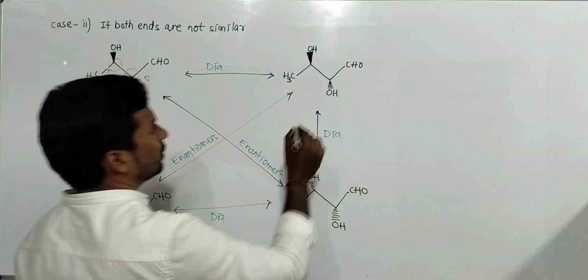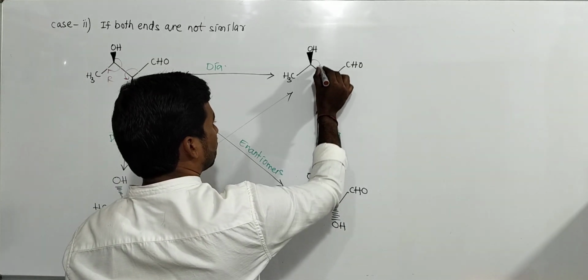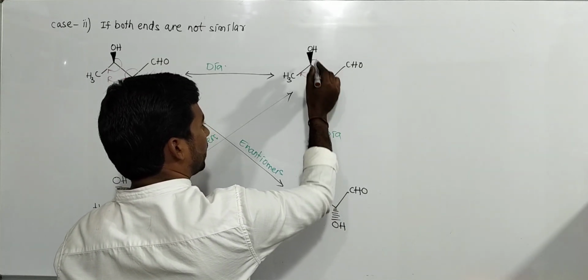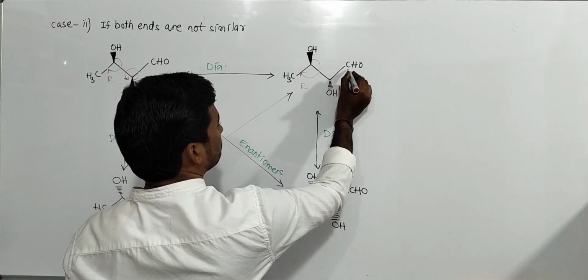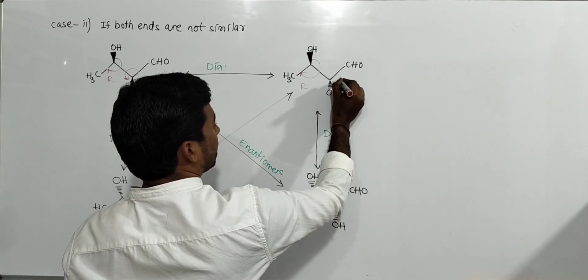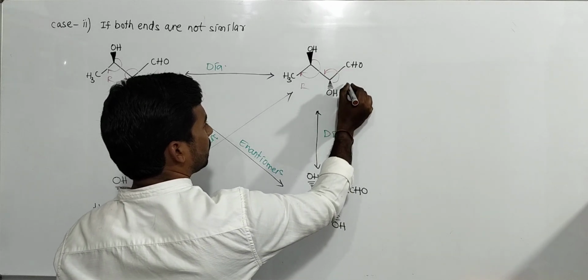Here 1 2 3 clockwise is R configuration, and 1 2 3 anti-clockwise becomes R.